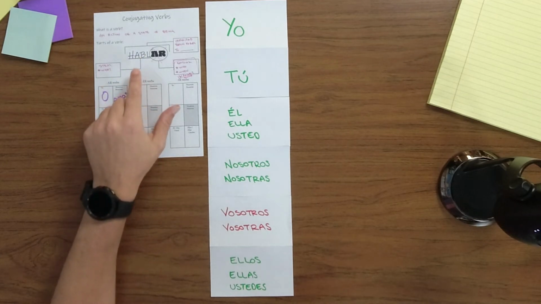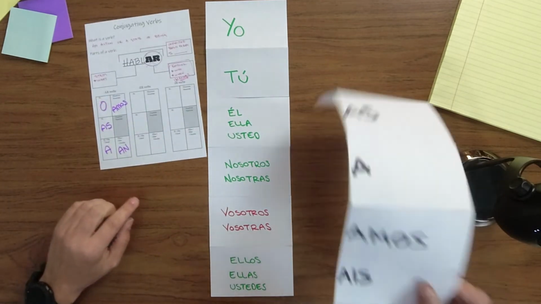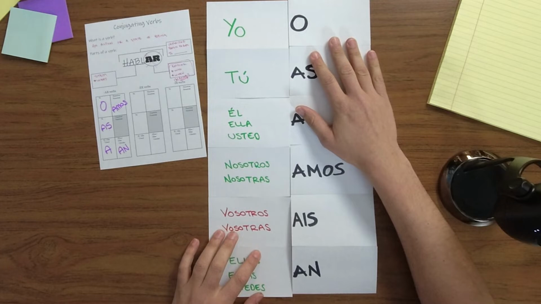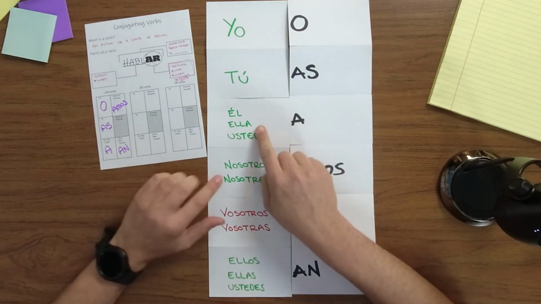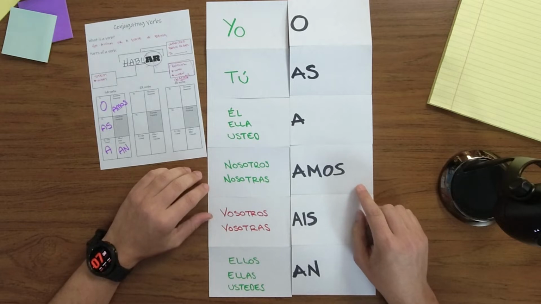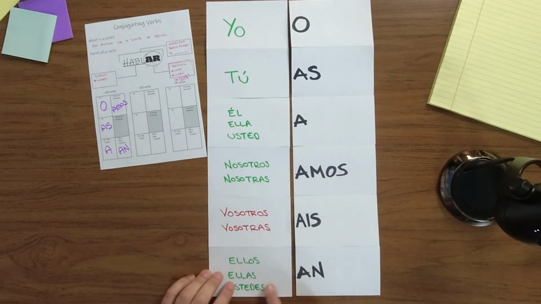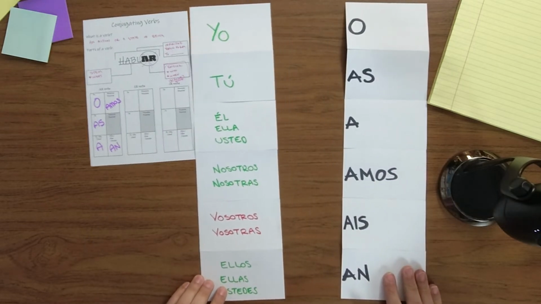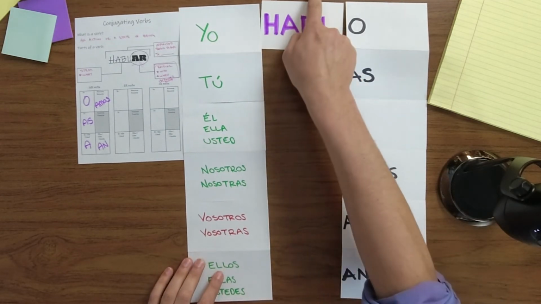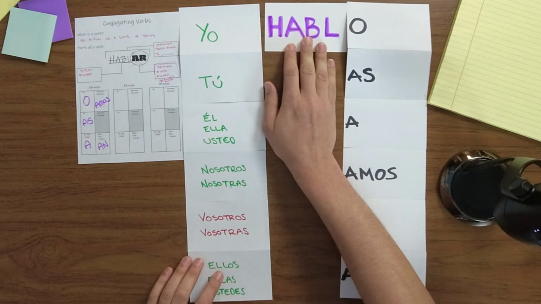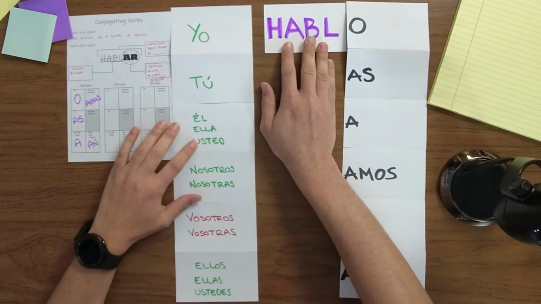And we're going to take these endings over here and they match up, right? So we have yo is o, tú is as, él and ella is a, nosotros is amos, ellos and ellas is an, and ustedes.